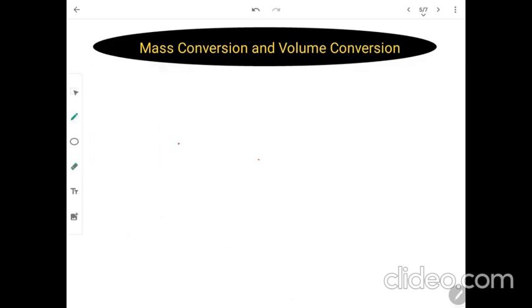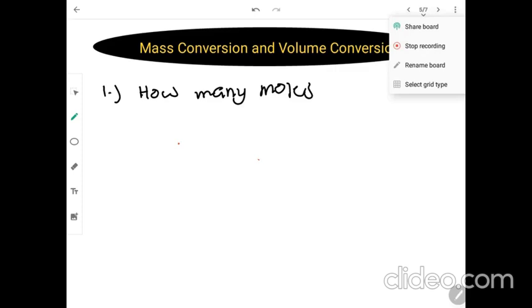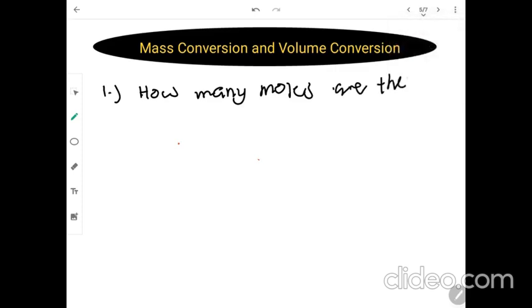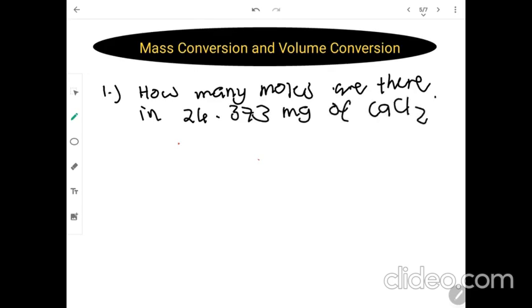Okay, now let's use this for our calculation. For example, you are asked to determine how many moles are there in, let's say, 26.373 milligrams of CaCl2.